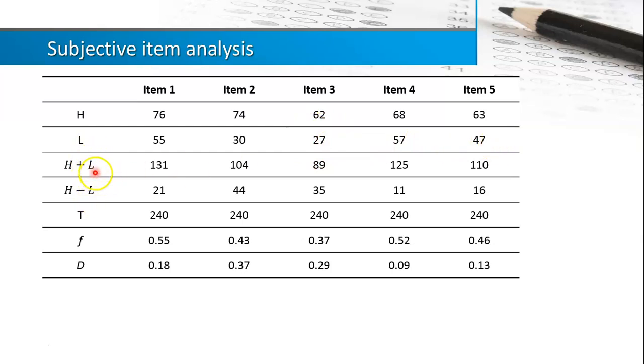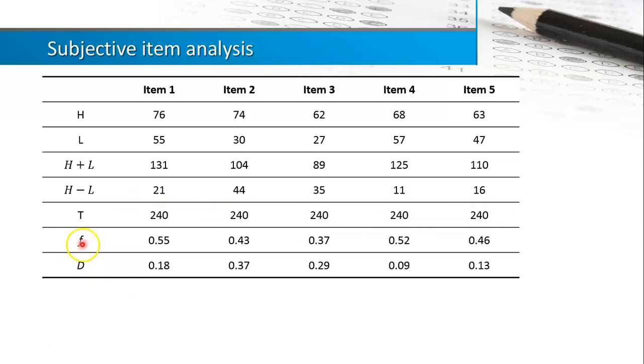Then we calculate H plus L: 104, 89, 125, and 110 for item 5. Then we calculate the difference, H minus L. And the T is all the same, 240 for each item. This is the maximum marks.